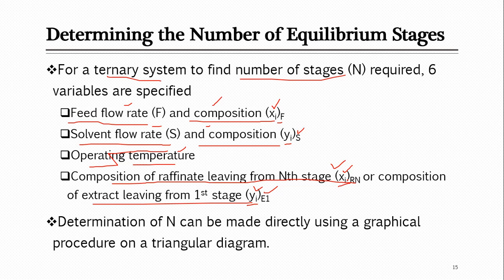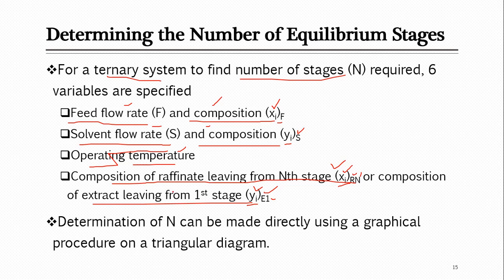Due to this, we are using the same convention: xi,N is the mass fraction of component i in the raffinate leaving the Nth stage, and yi,1 is the mass fraction of component i in the extract leaving stage 1.